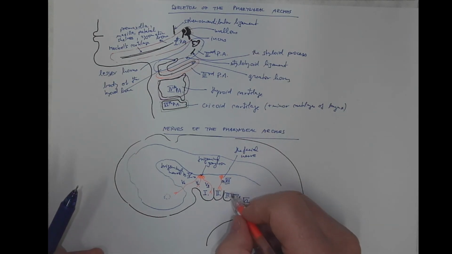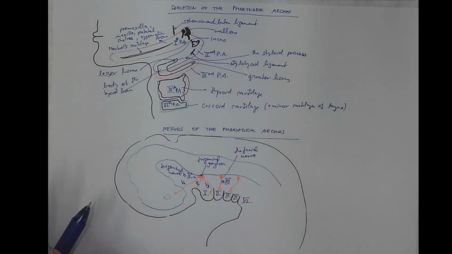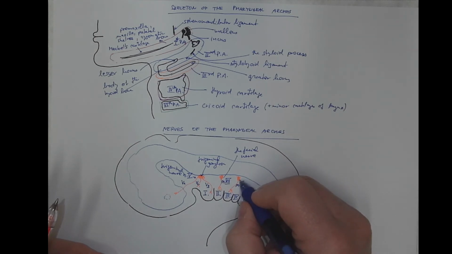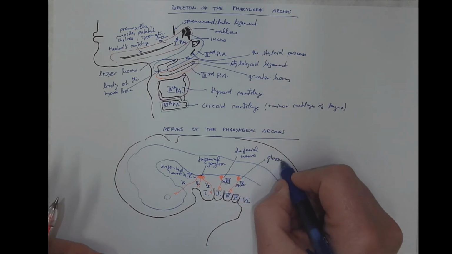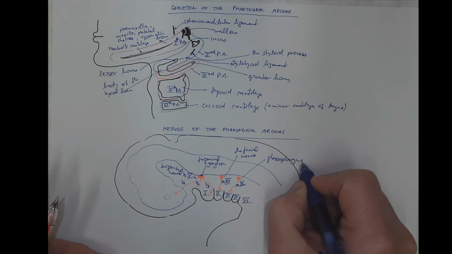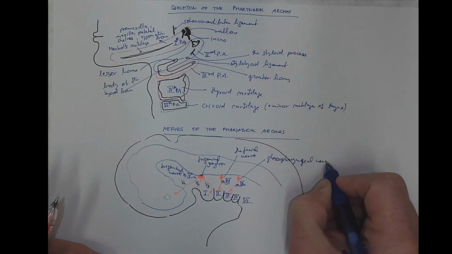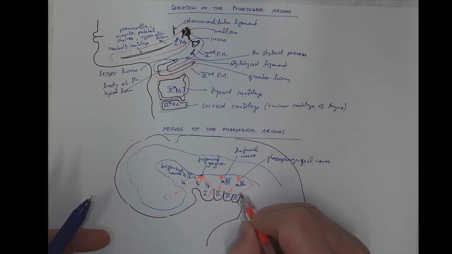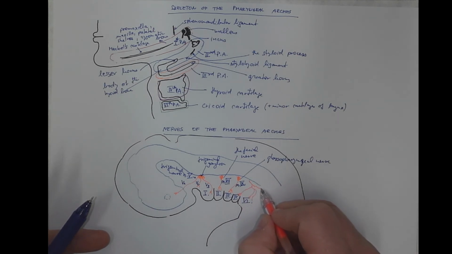The nerve supplying the third arch is the glossopharyngeal nerve, the ninth cranial nerve. And the vagus is the nerve supplying the structures of the fourth and the sixth arch.